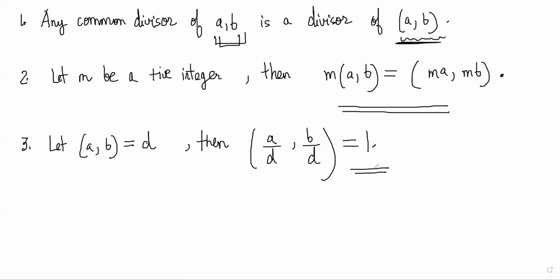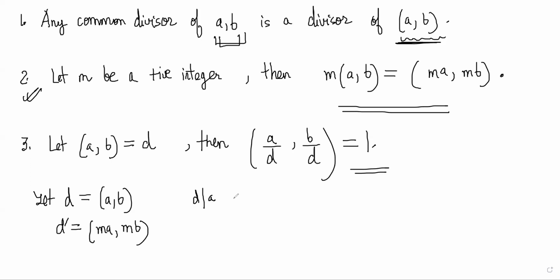Okay. So let's do the proof of the second property. How do we prove this one? Let D be the GCD of A and B, and let D dash be the GCD of MA and MB. What we know is that D divides A and D divides B. So obviously MD will divide MA and MD will divide MB.